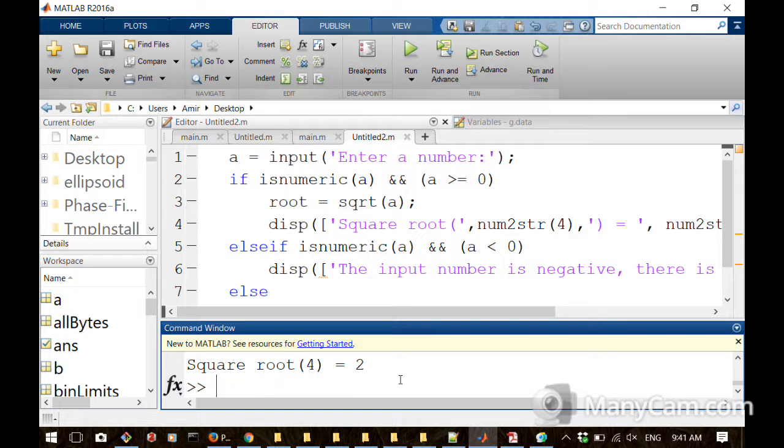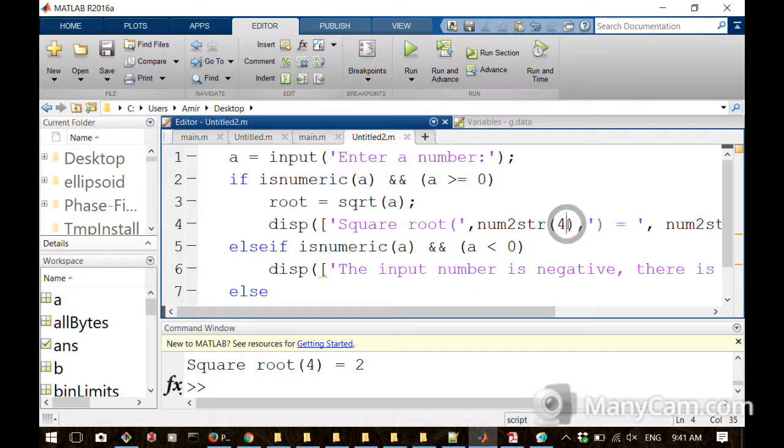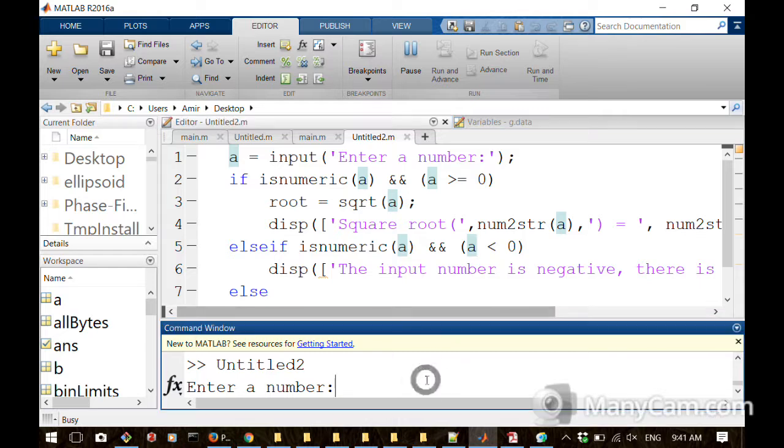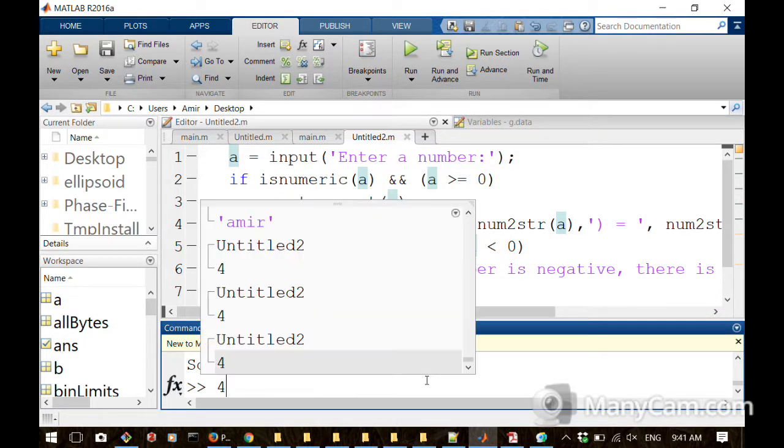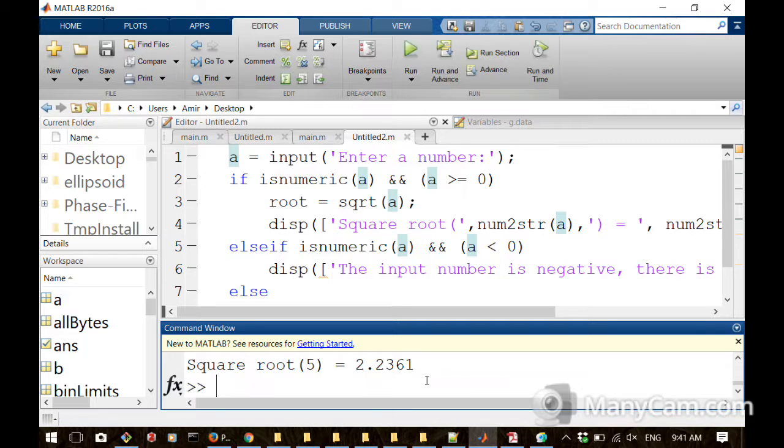Right, if I type 4, square root of 4 equals 2. Oh, good point. Yes, so that should be A. Yes, that works now. So if I say 4, and then if I say 5, all right, it works.